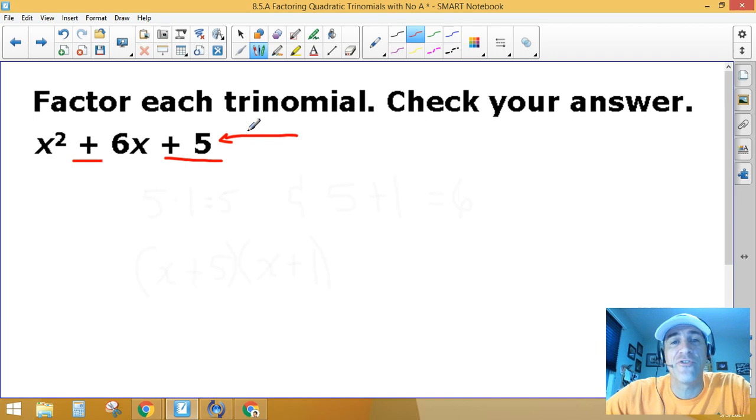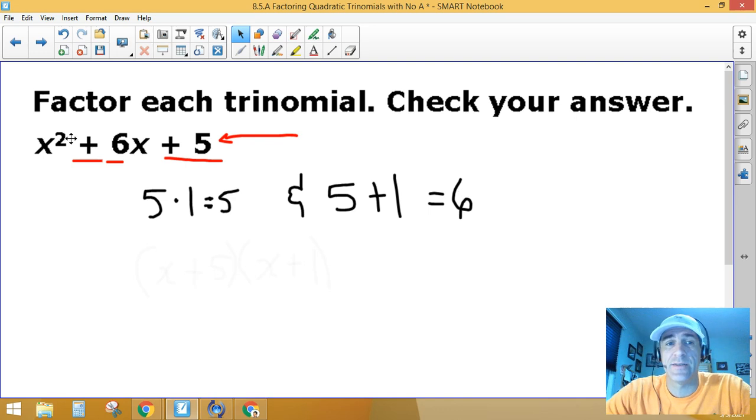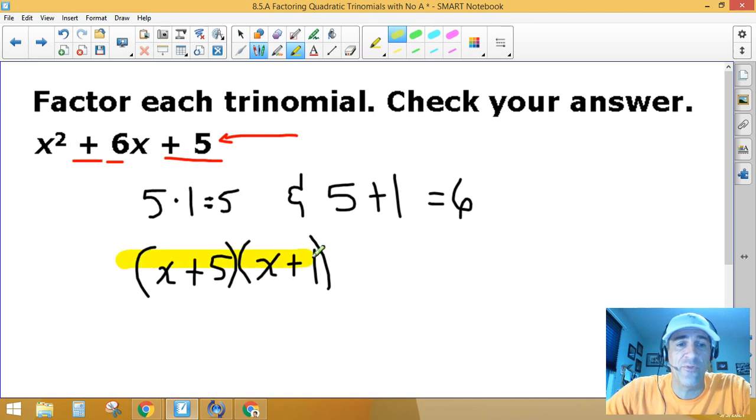What are two factors of 5 that multiply together to get 5, but add to get 6? Well, my only factors are really just 5 and 1. 5 times 1 is 5, and 5 plus 1 is 6. That's exactly what I want. So my factored form is going to be x plus 5, x plus 1. This is what we're looking for as the solution, the factored form.